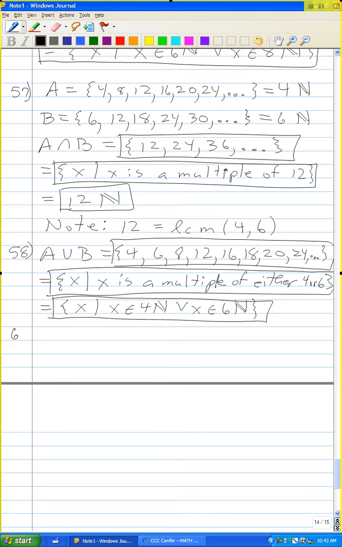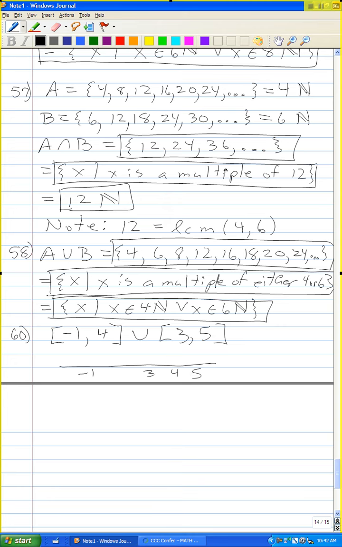60. The closed interval from -1 to 4, union the closed interval 3 to 5. In exercises 59 through 76, complete the indicated set operations between the intervals. So I have here -1, 3, 4, 5.